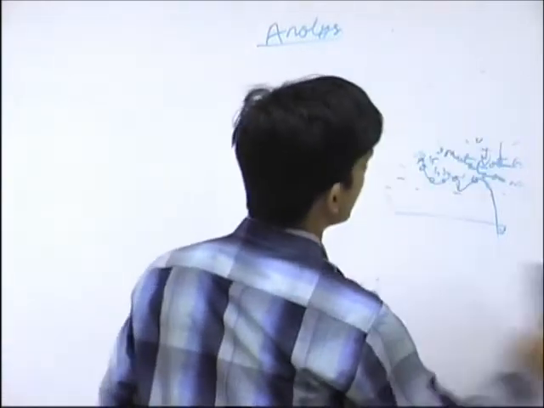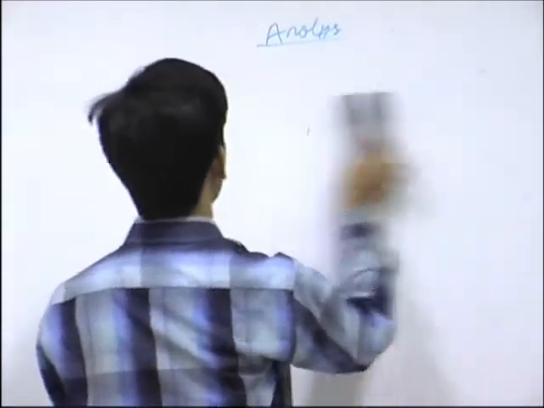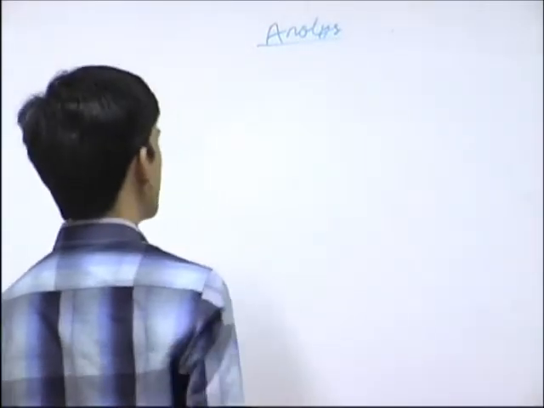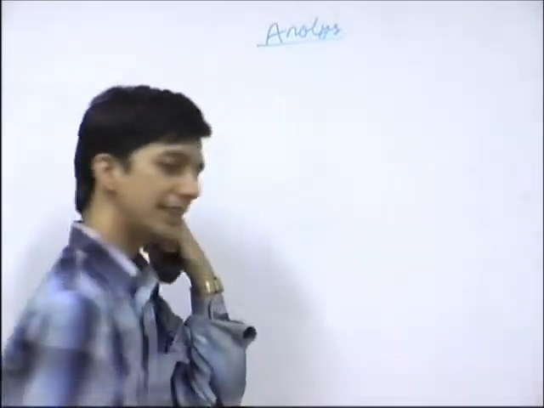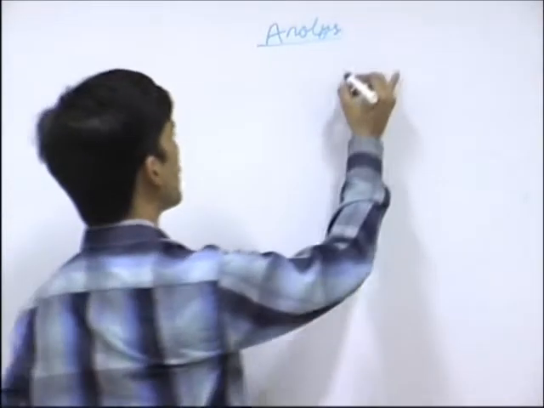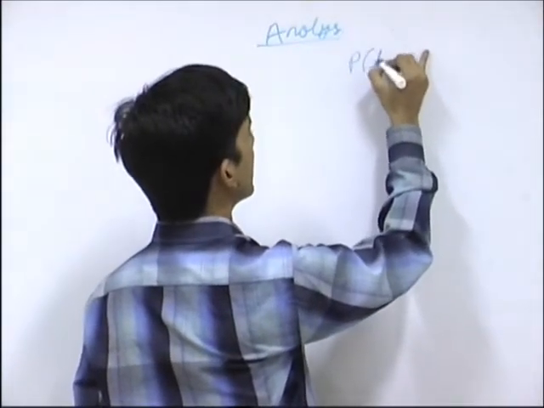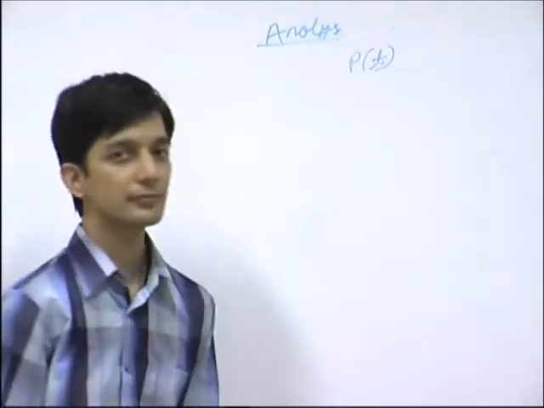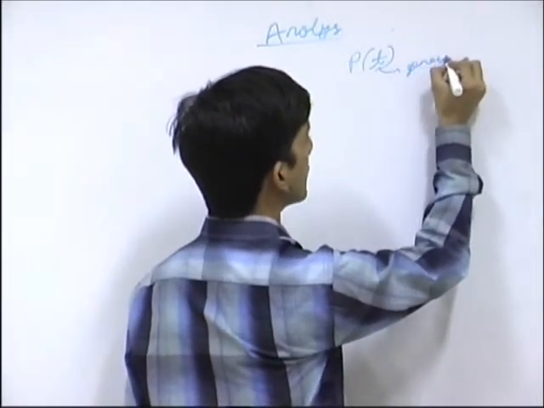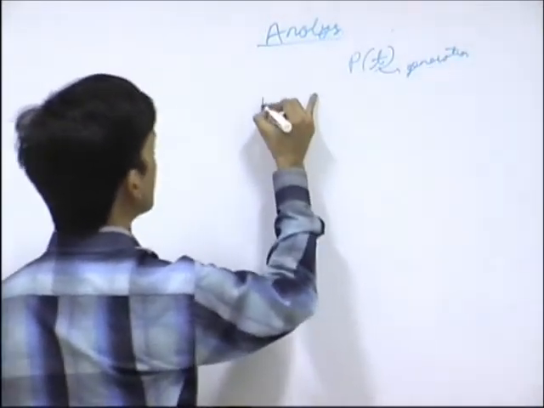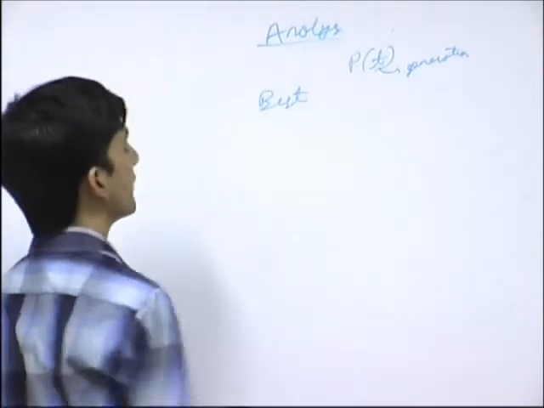Again, let me say what must already be clear. The motivation of it is already there. If I take any population at any time, let's say T, where T represents the generation, I find out the best individual.